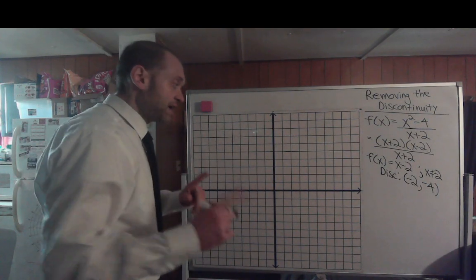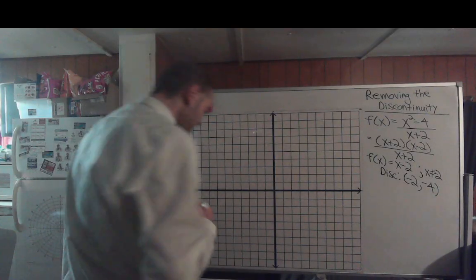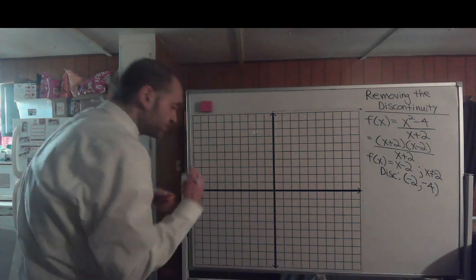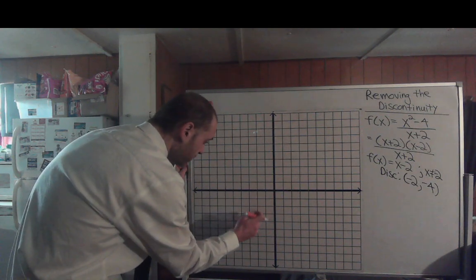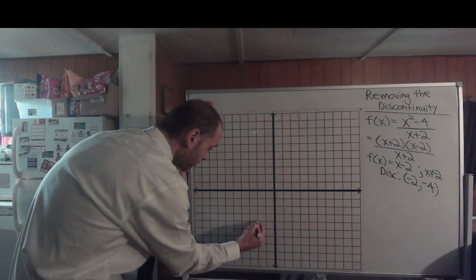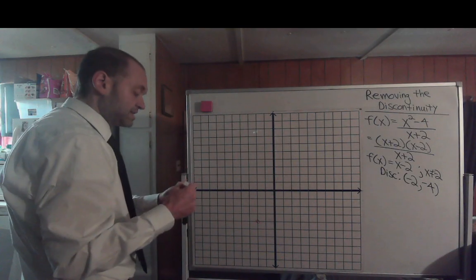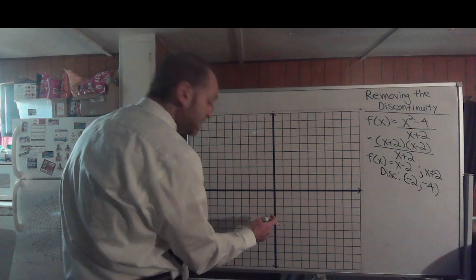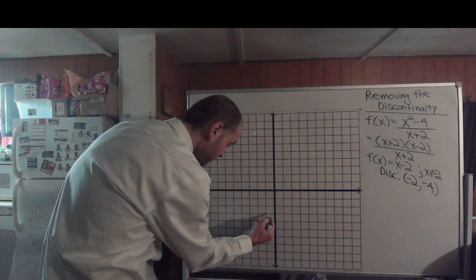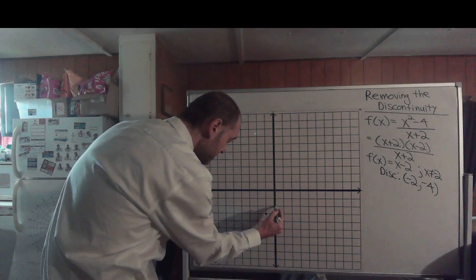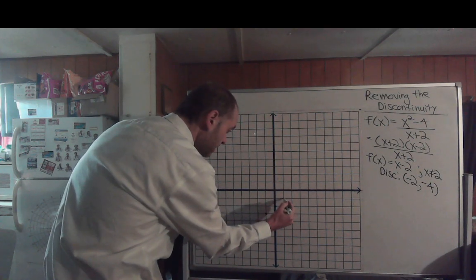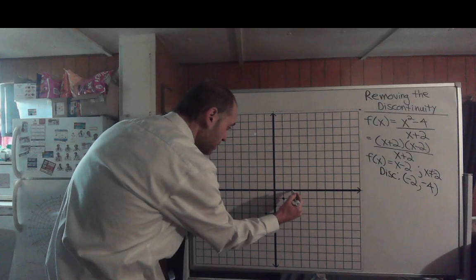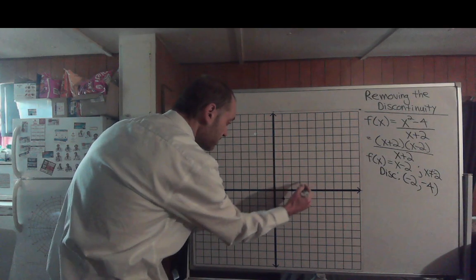Let's go ahead and graph this first. So let me find (negative 2, negative 4). I'm going to put a red hole there to denote that that's a removable discontinuity. All right, so at negative 1 you would get negative 3, at 0 you would get negative 2, at 1, negative 1, at 2 you get 0, at 3, 1.